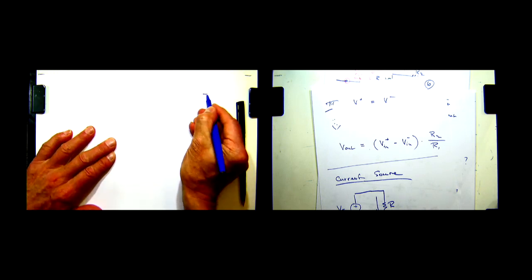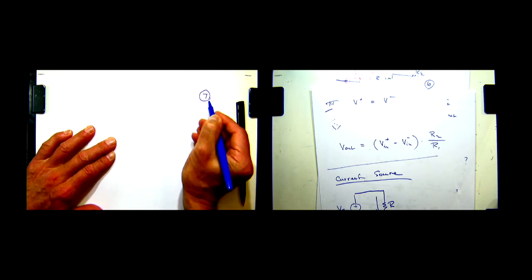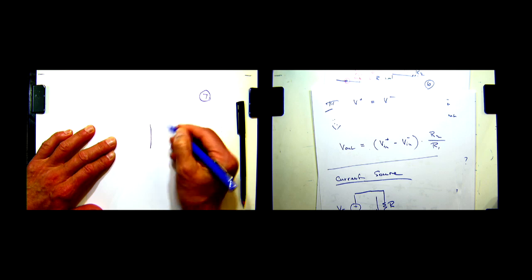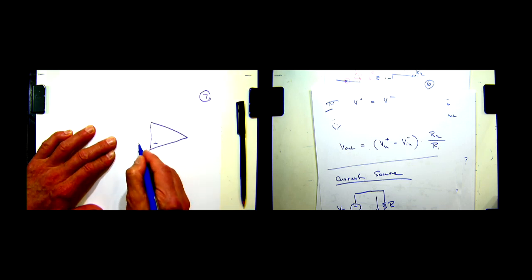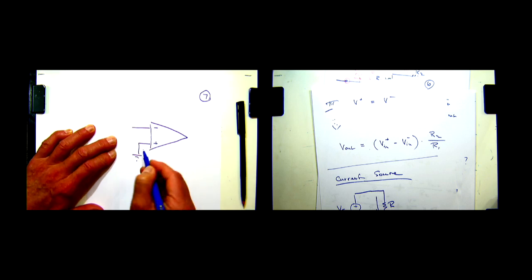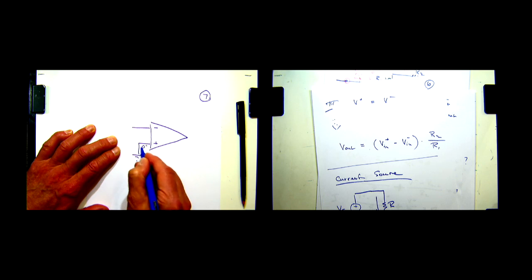Yeah, somehow I think you're onto something, a buffer or something like that. Look, if we had an operational amplifier and we put this terminal to 0 volts, this is 0 volts, we connect it to ground.